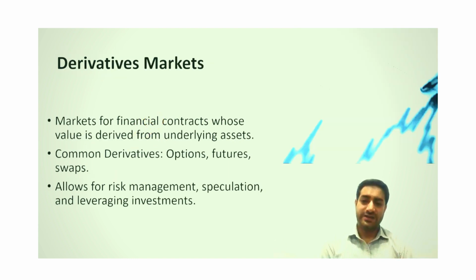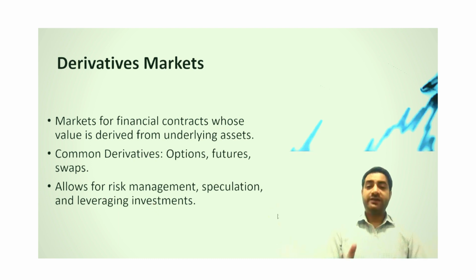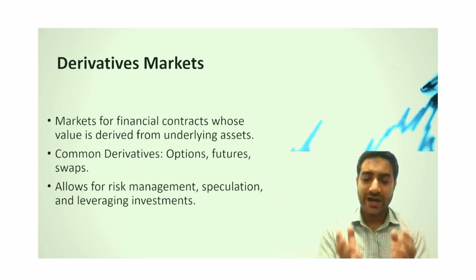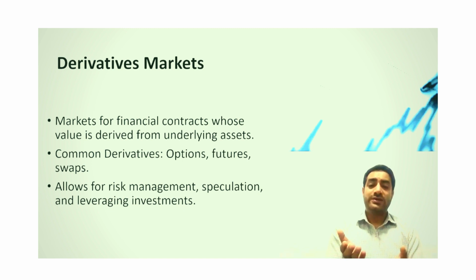Another type of market is the derivatives market. Market for financial contracts whose value is derived from an underlying asset. Now, before I explain this, you have to first understand what a derivative is. Okay, now what is a derivative? A derivative is a financial contract whose value is derived from the underlying asset.